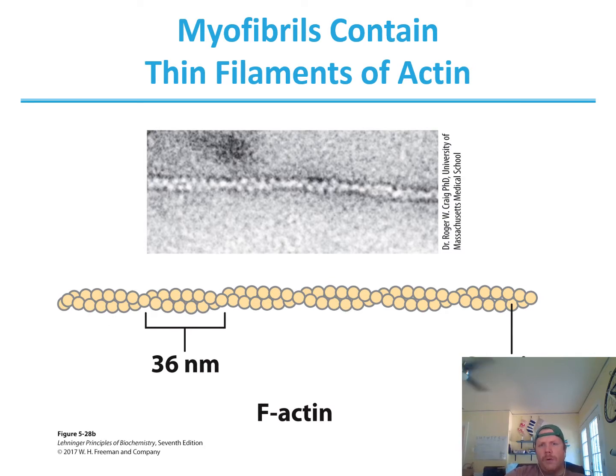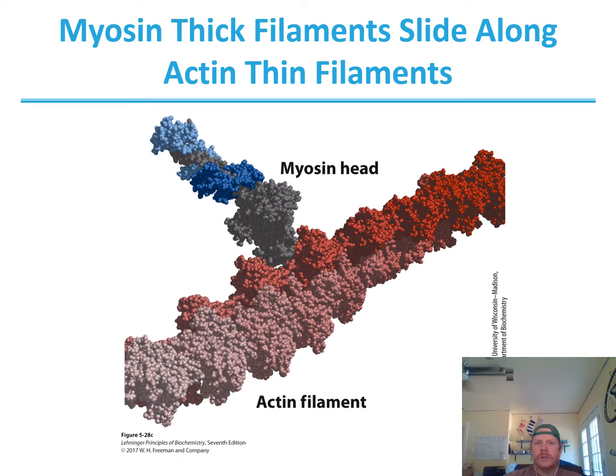Now, myofibrils contain thin filaments of the protein actin, and these thin filaments of actin stretch along the length of those myofibrils. Myosin thick filaments slide along actin thin filaments.